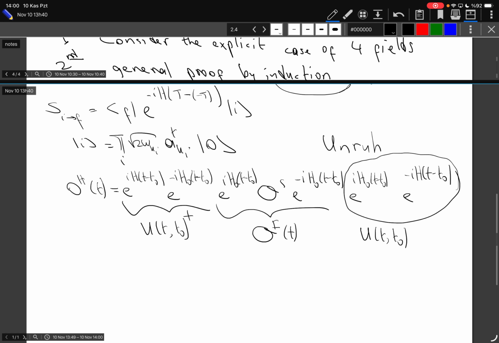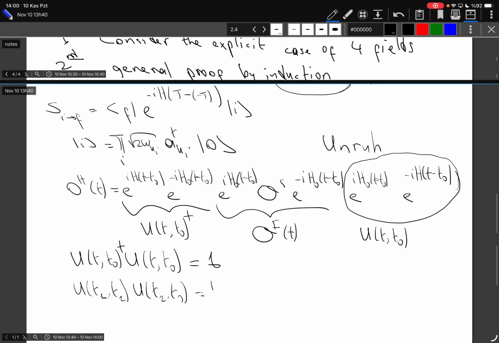Keep in mind that U(t, t0) times U(t, t0) dagger is actually 1. And U(t1, t2) times U(t2, t3) will be U(t1, t3).